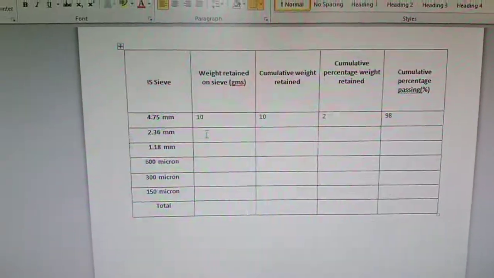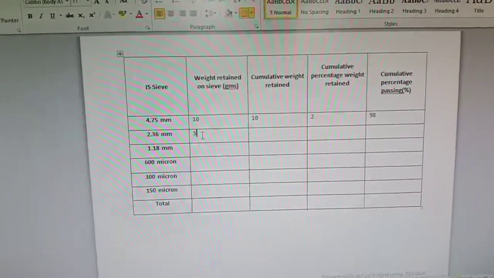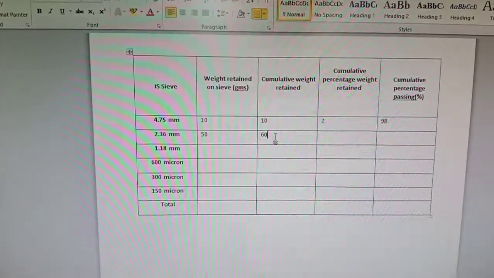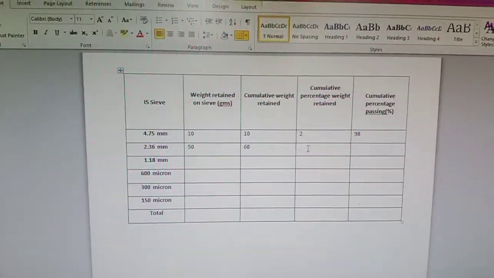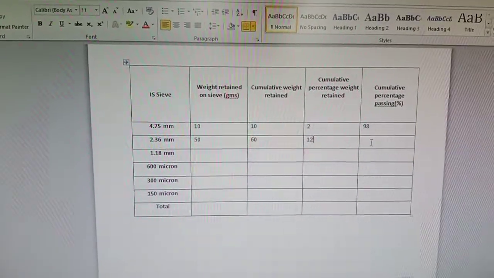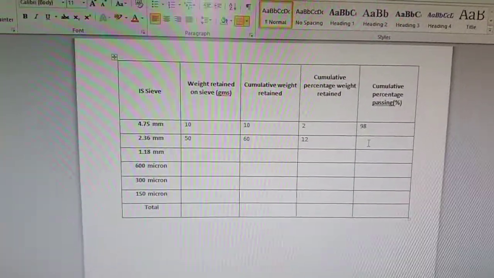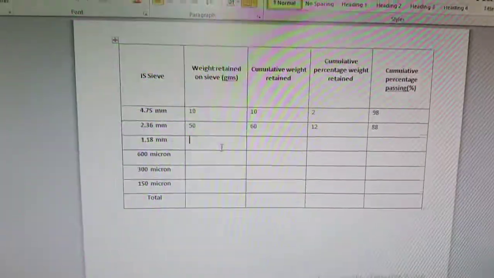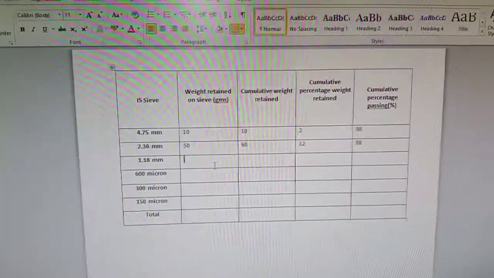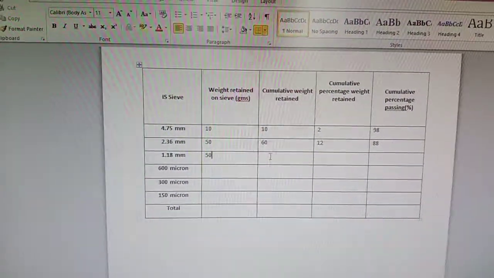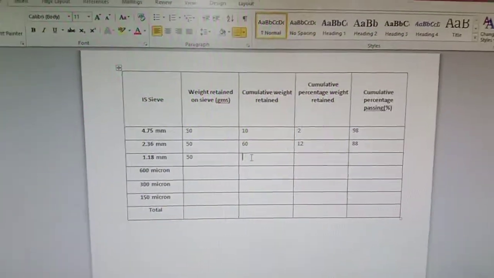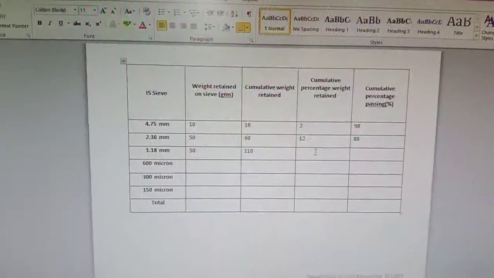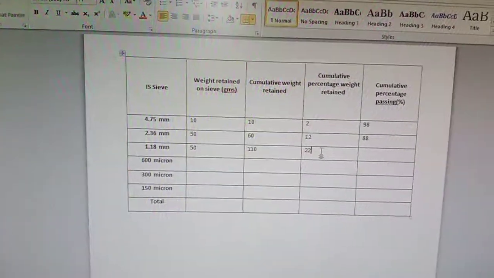Now on the 2.36 mm sieve we received 50 grams. So total will become here 60 grams. Now here percentage will become 12 and here it will be 88 because 100 minus 12 is 88. On 1.18 mm we received 50 grams. So here total will become 110, then 22%.